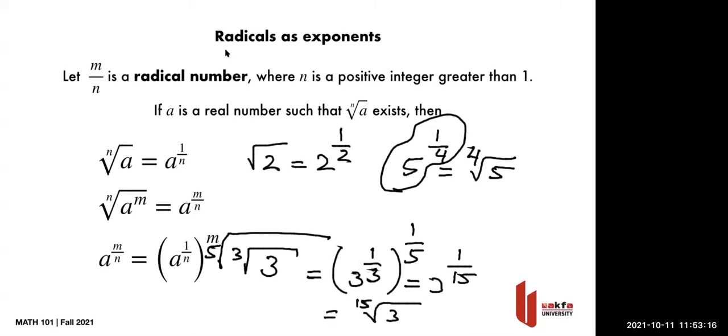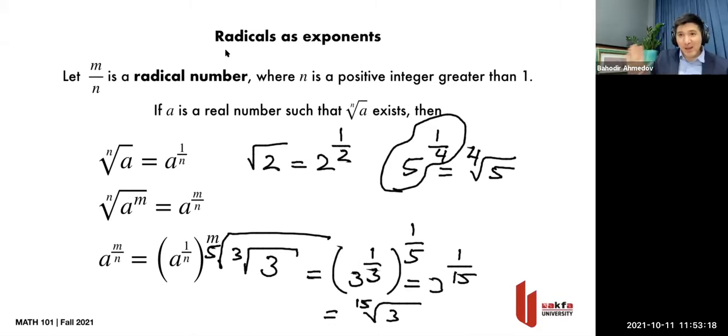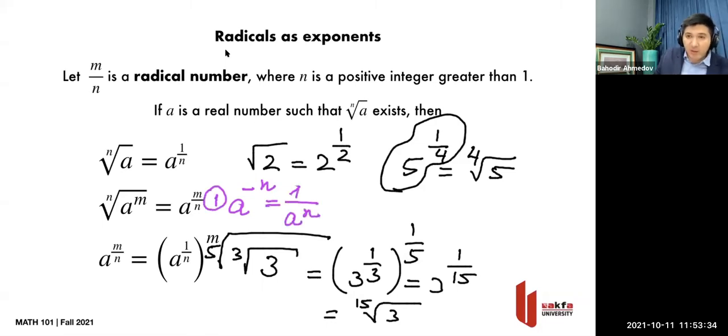Okay. Exponentials are easy, but there are two things you need to keep in mind. The first is that a to the power of minus n is nothing else than 1 divided by a to the power of n. The second is that the nth root of a is equal to a to the power of 1 divided by n.